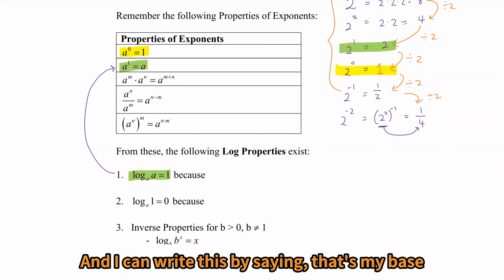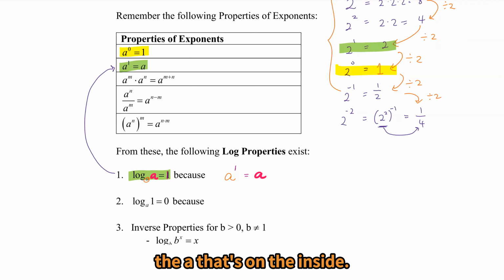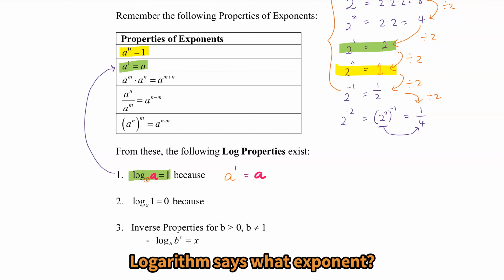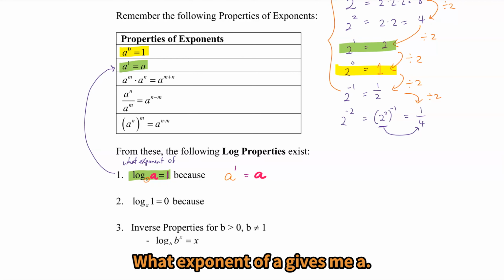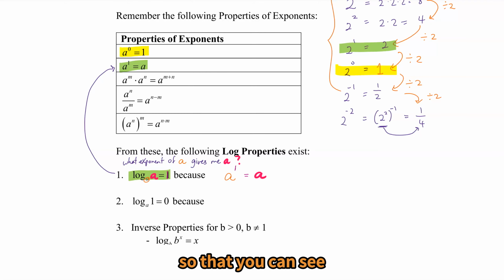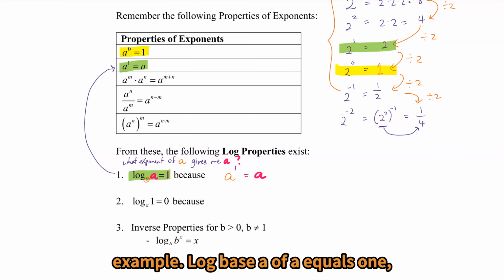And I can write this by saying that's my base a to the exponent of 1 equals the a that's on the inside. So remember that logs are exponents. Logarithm says what exponent of a gives me a. And I'm doing it in different colors on purpose so that you can see where the a's are coming from in our log equation example.